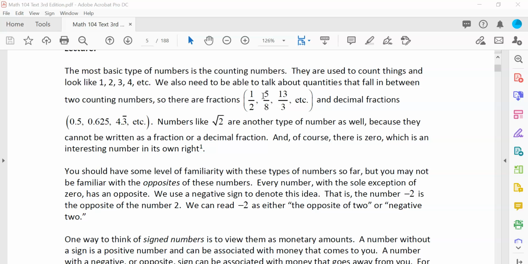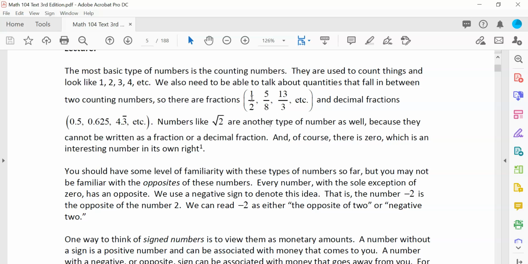So 1/2 and 5/8 are proper fractions. I mention that because on some things, I'm going to ask you to put your answer as a fraction, and what I'll be looking for is an improper fraction or a proper fraction.